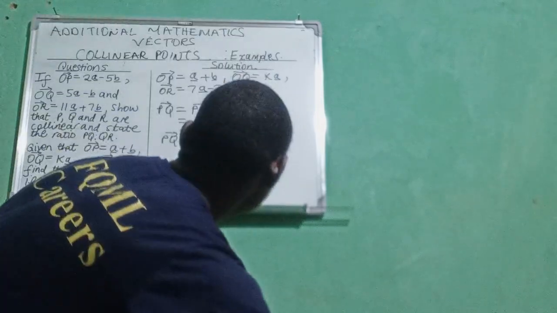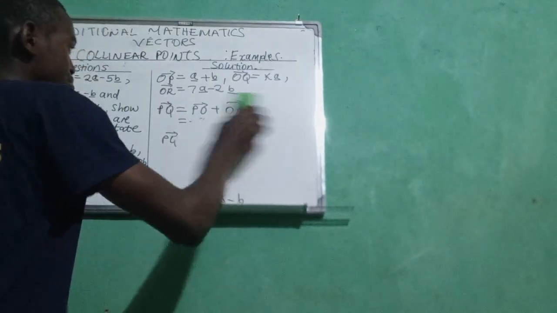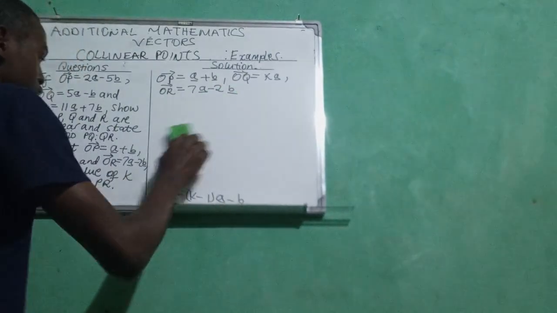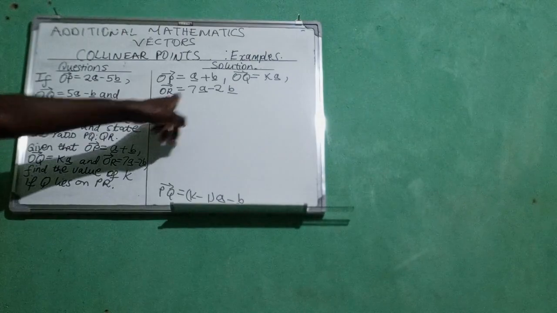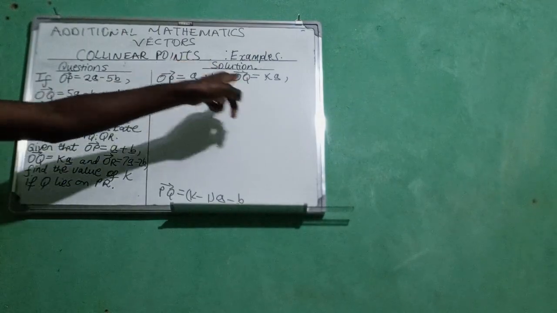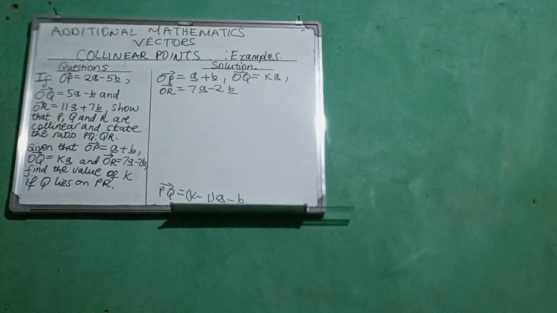Then to proceed, again we think of another vector that can have K. We have this one and that one, and that one can simply be QR or RQ. Whichever way you still get the same answer.